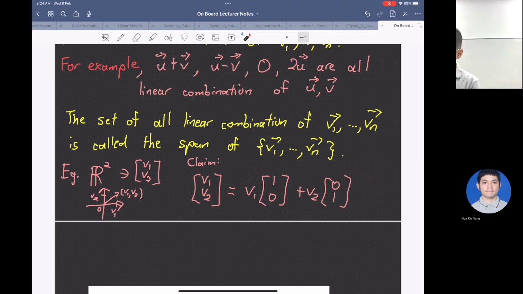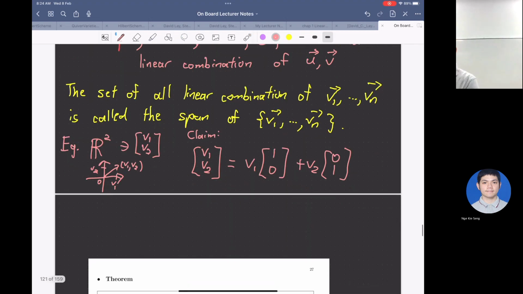But what does it do diagrammatically? This is exactly why you draw the y-axis and the x-axis every time you draw R2. Where is (1, 0)? (1, 0) is here, and (0, 1) is here.